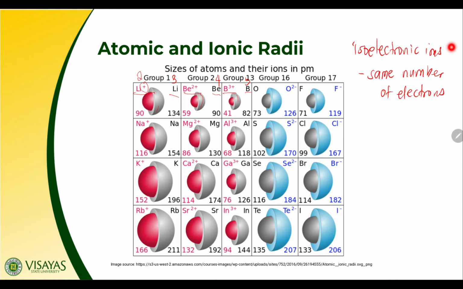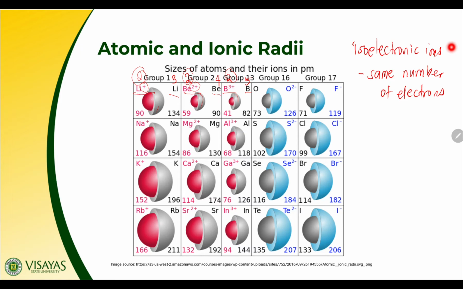When the beryllium atom loses 2 electrons, the cation formed is beryllium 2 plus. So the remaining electrons are 2. For boron, it has atomic number 5. When it loses 3 electrons, the remaining electrons are now 2. So look at here, we have 2, 2, and 2.